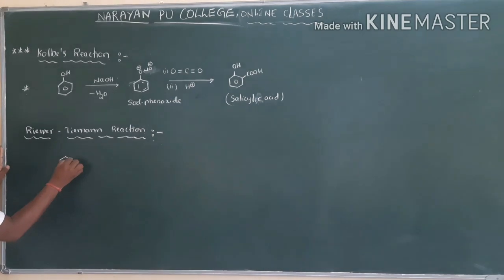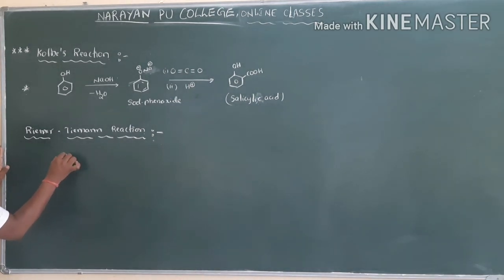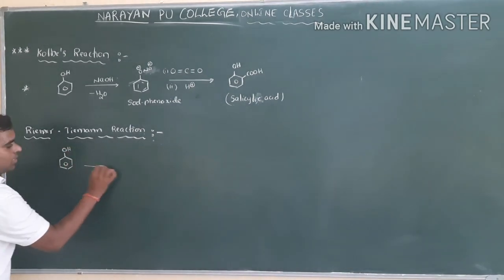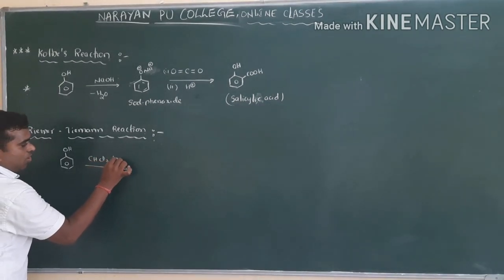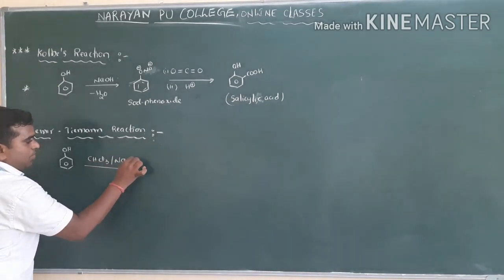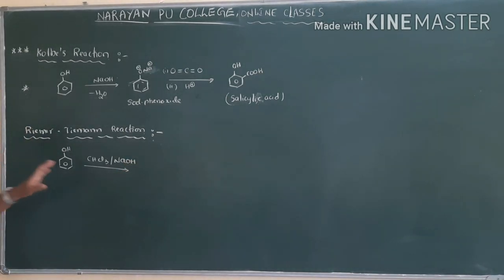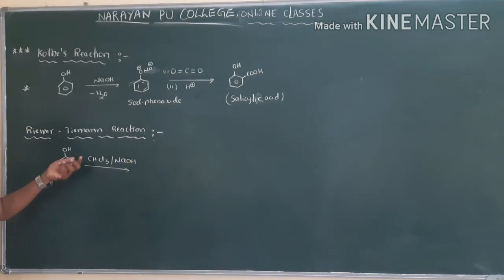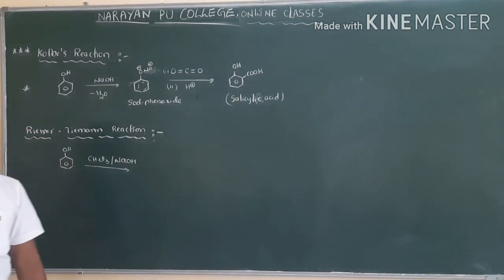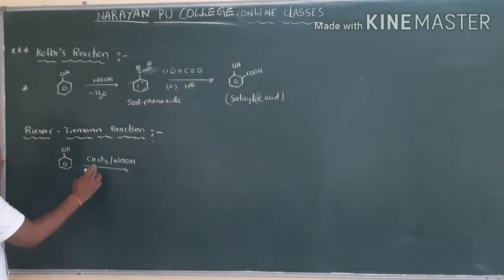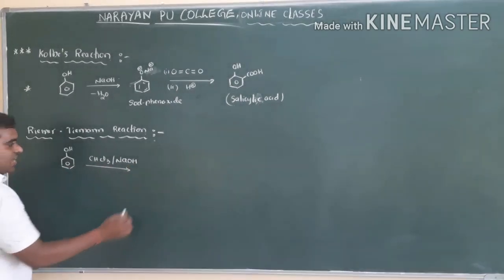Now what is the reaction? First we treat the phenol. Phenol is treated with chloroform in the presence of base. Then the CHO group is introduced at the ortho position, and followed by hydrolysis you will get salicylaldehyde. So the reagents are CHCl3 and NaOH.